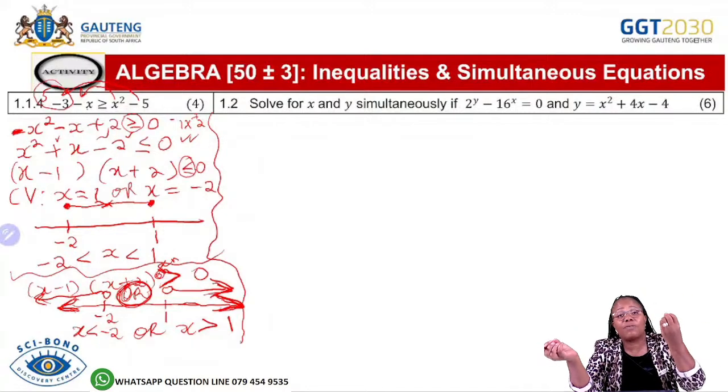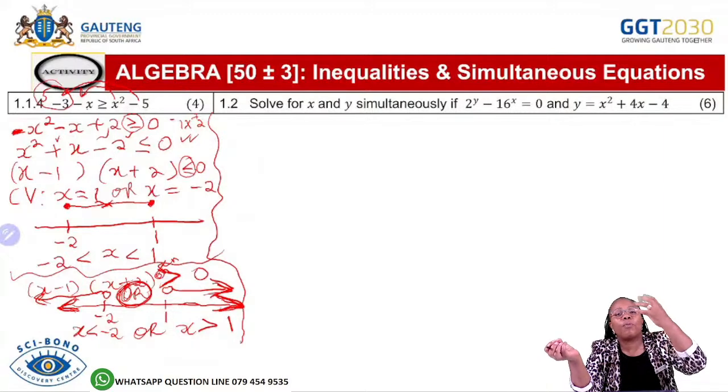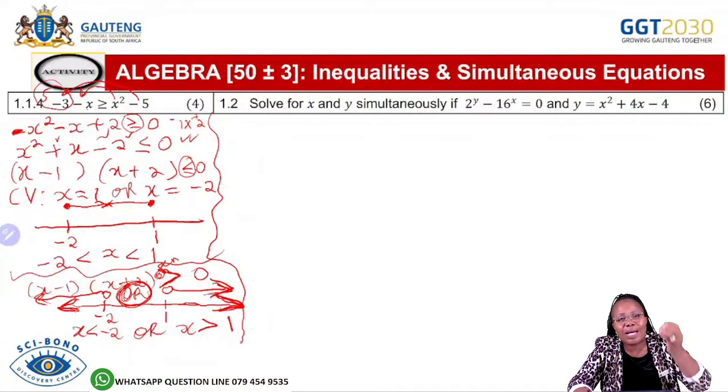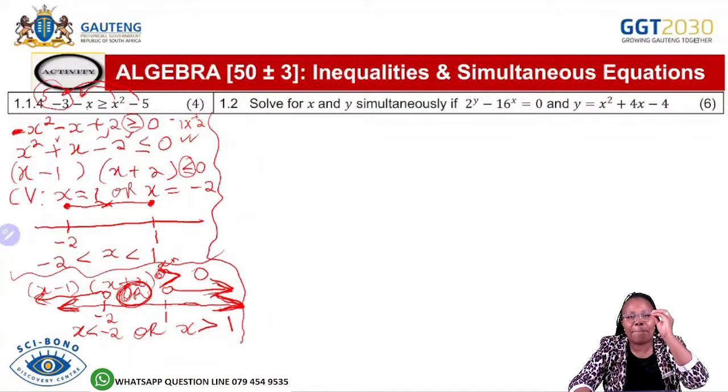If you are given an exponential, you need to come up with the linear out of that exponential equation. So your starting point is targeting the exponential equation, applying your exponential rules, so that we can come up with the equation that we are familiar with.